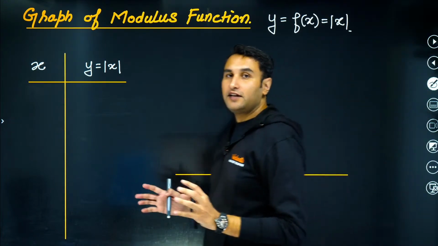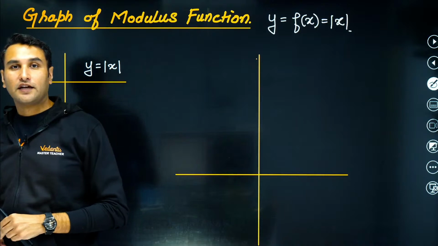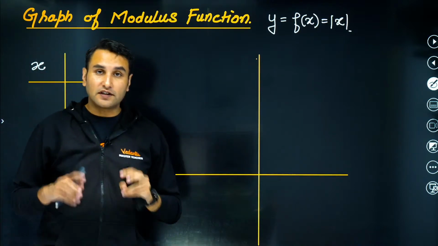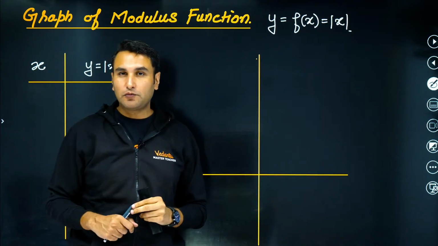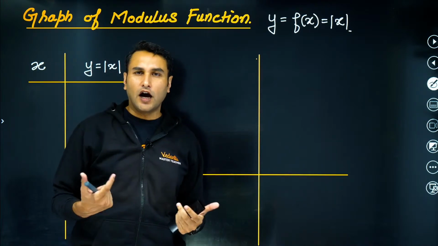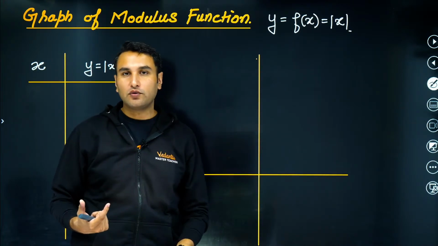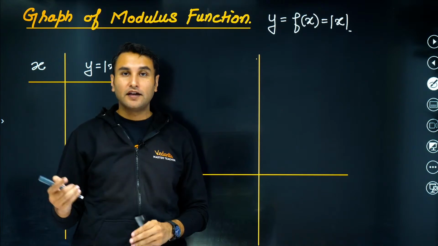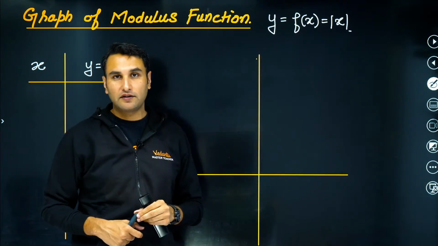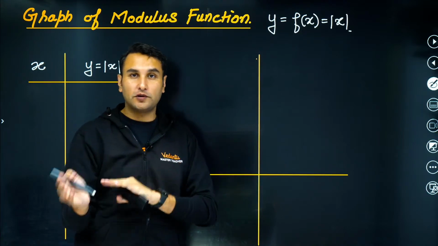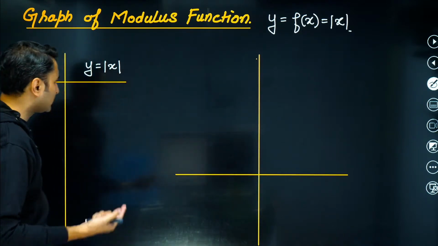Now this leads us to the graph. With this understanding of the modulus function, can we plot the graph? Yes. How do we plot the graph? By putting down certain values of x and the corresponding values of y. Input, output pairs. Can we create that? Let's do it.